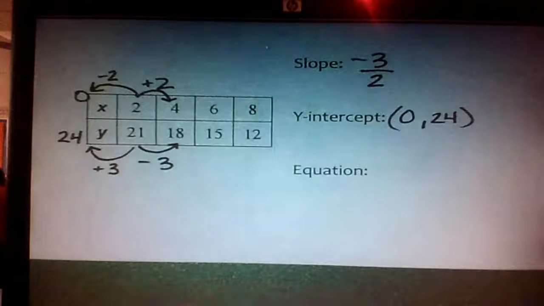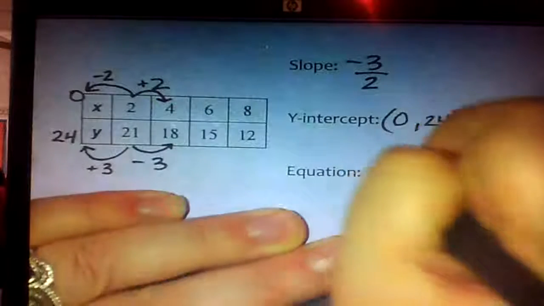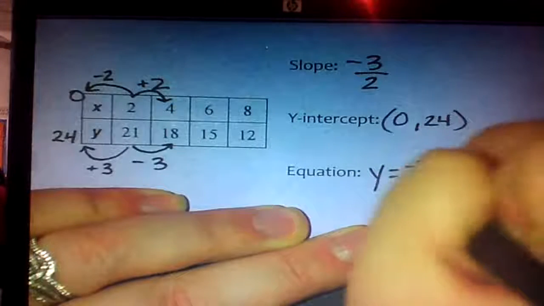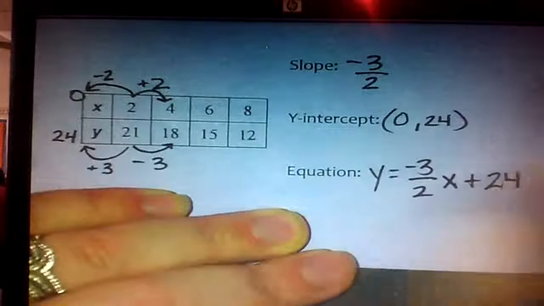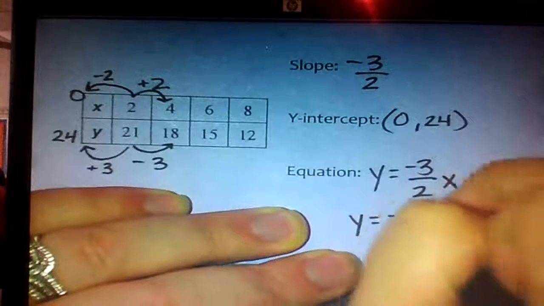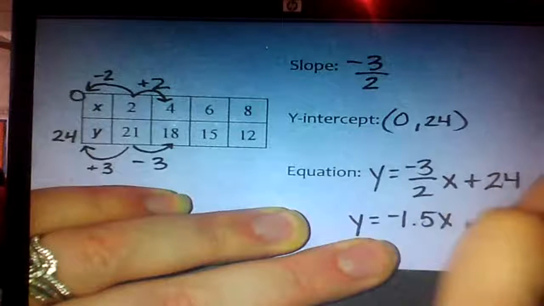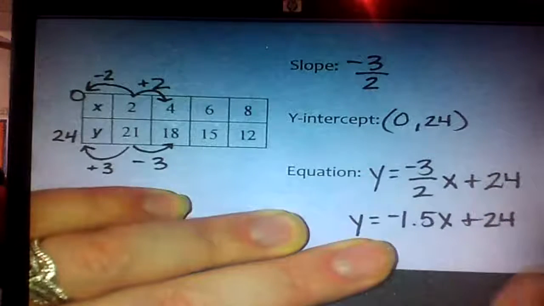You've got to be very careful with your line and with your values. So the equation is y equals negative 3/2 x plus 24. You may also see this as y equals -1.5x plus 24.